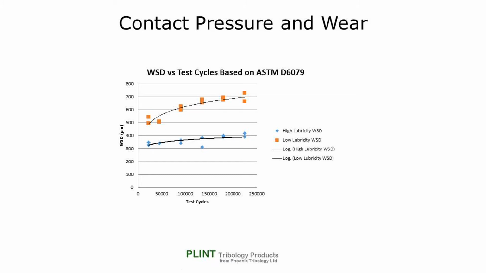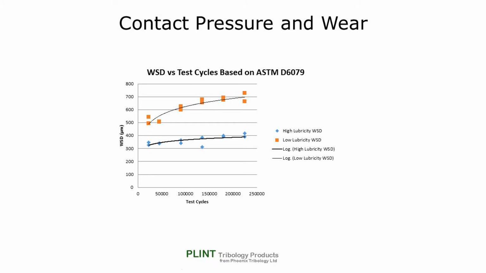In this example, the ASTM D6079 diesel fuel lubricity test procedure was run for the specified time, but at different reciprocating frequencies, resulting in the same test duration but different number of cycles.